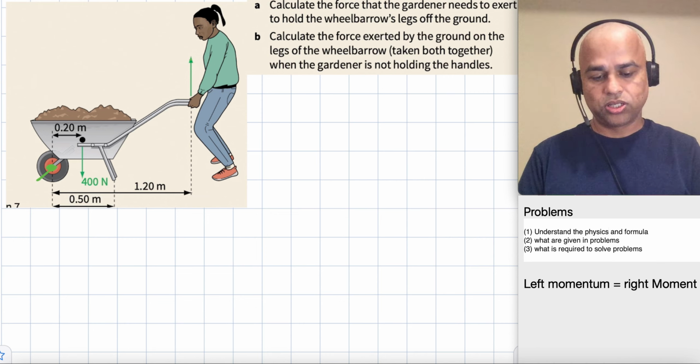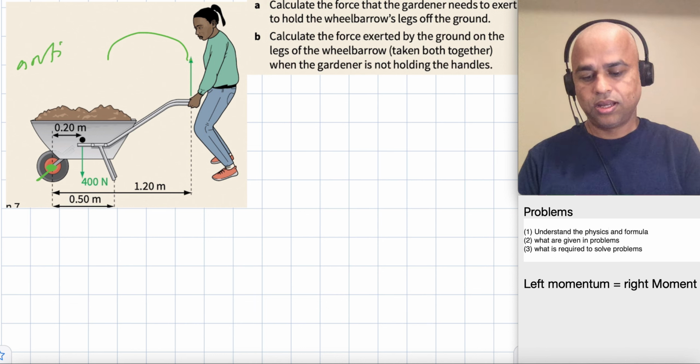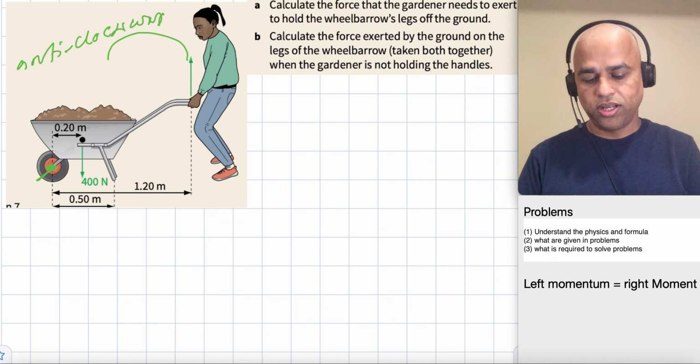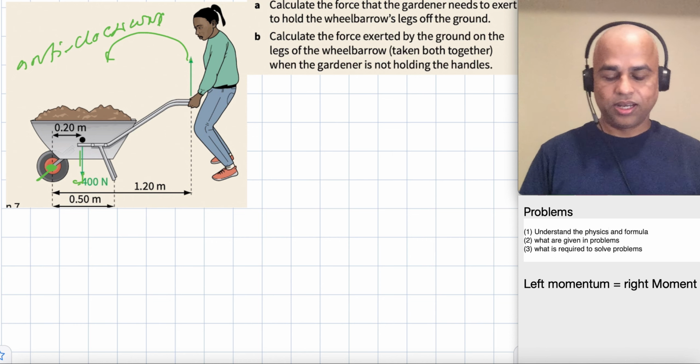This is the up direction, which is the anti-clockwise direction, and the weight, here's the weight, it is applying in the clockwise direction, right?